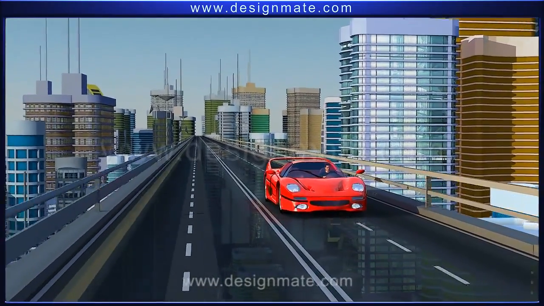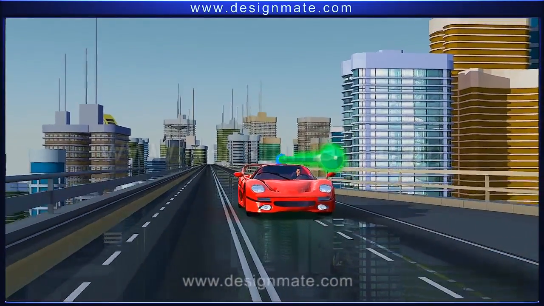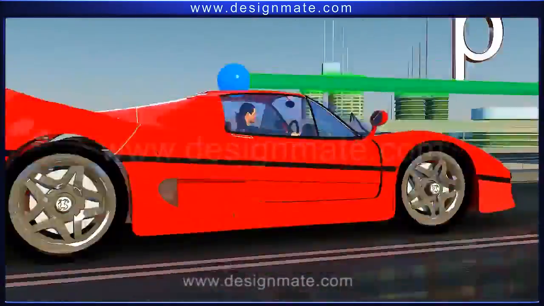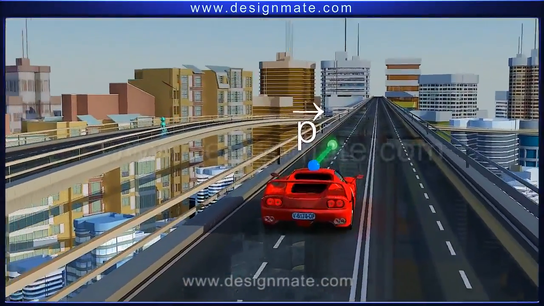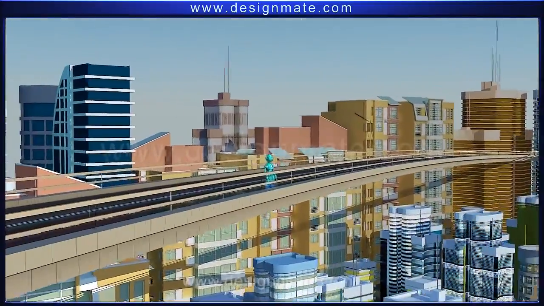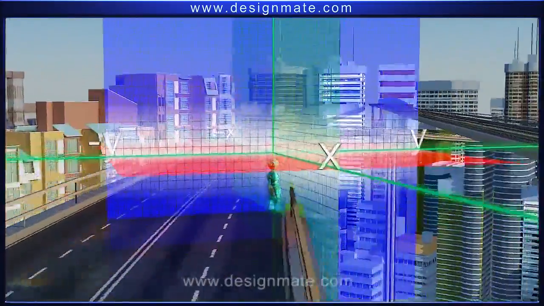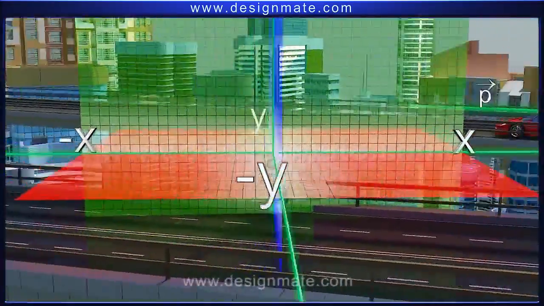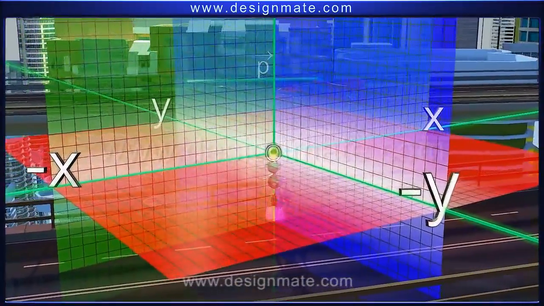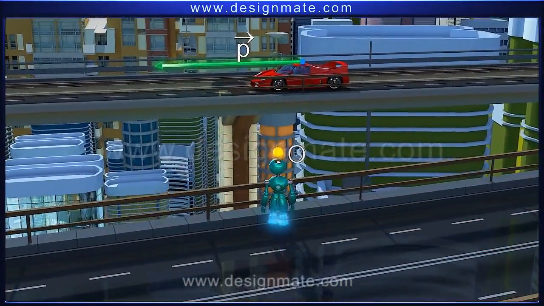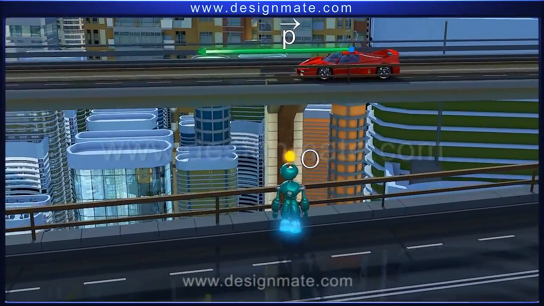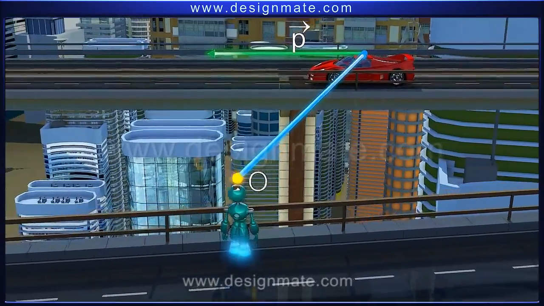This car is moving on a straight road with linear momentum p. It is therefore in linear motion. Let us observe the same motion with respect to an observer standing at any point O called the origin. With respect to this point O, the position vector of the car is r.